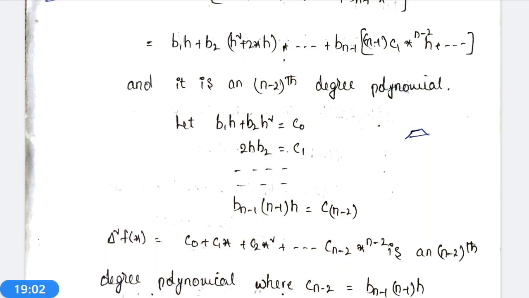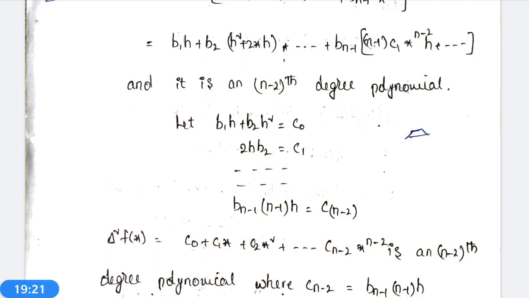Because delta fx having the last term is an into n into h. Second operation will give last term an into h square into n into n minus 1.